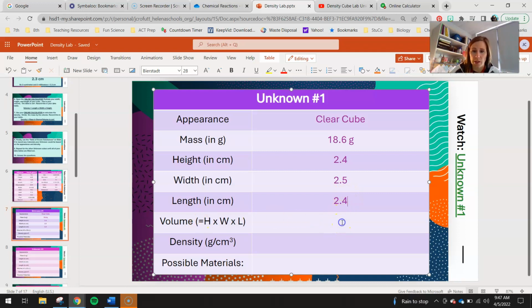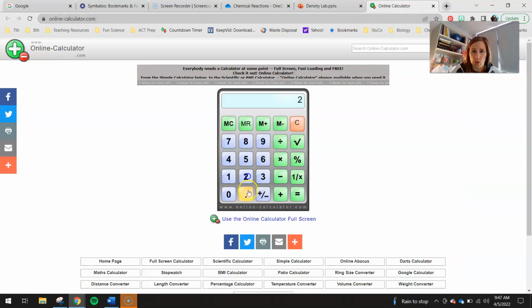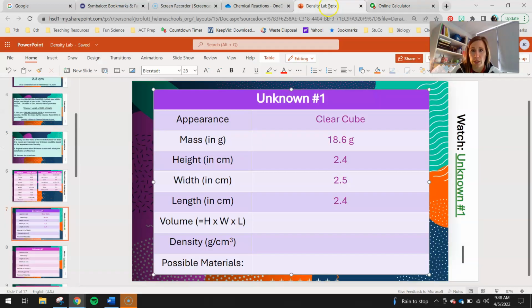Okay, the next part of our data table asks us for the volume. So what we're going to do is go into our calculator, and we're going to take the height times the width times the length. So 2.4 times 2.5 times 2.4 is equal to 14.4. For our volume for that one, we're going to do 14.4. Okay, then we're going to take the density.